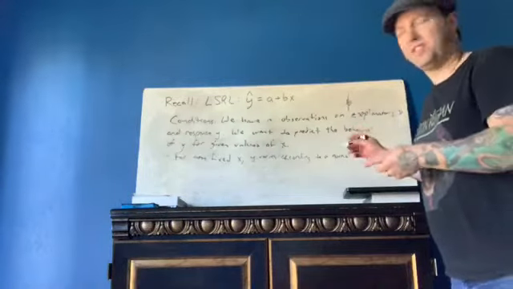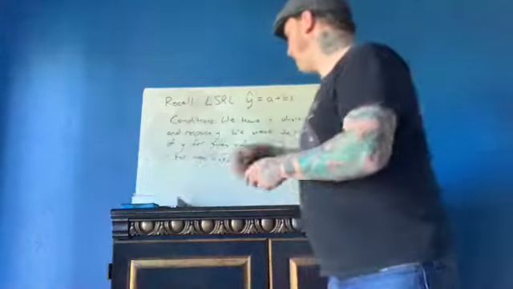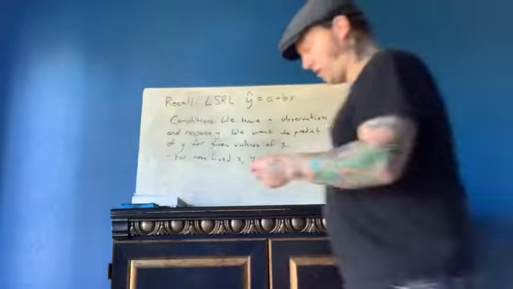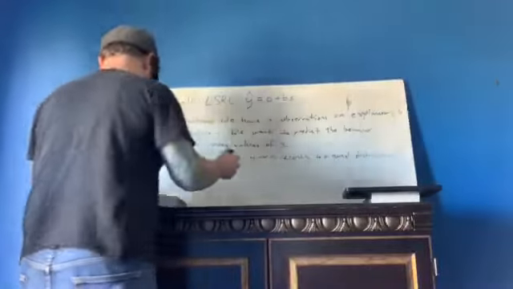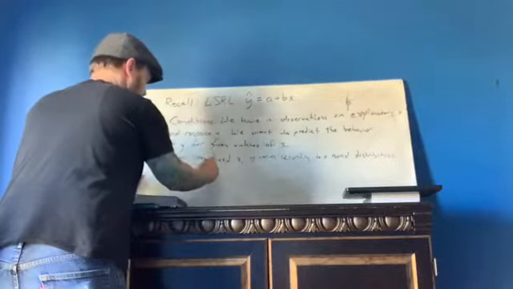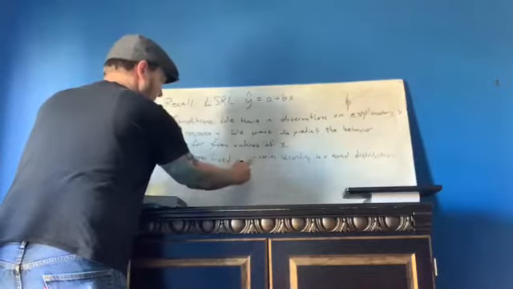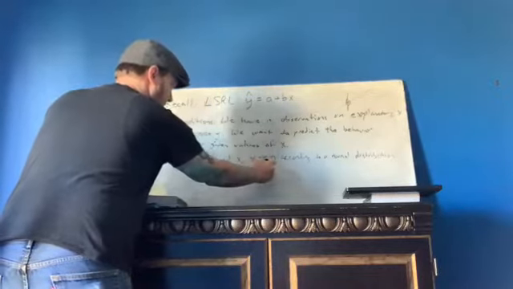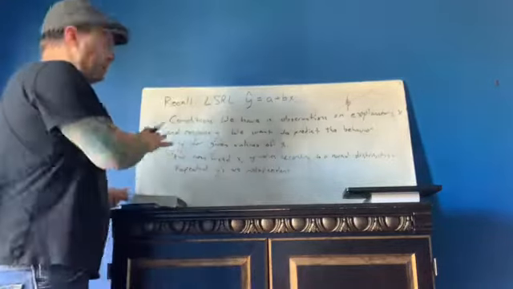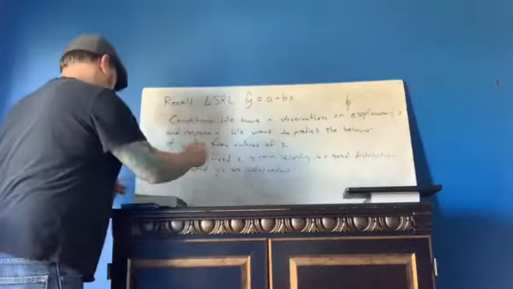Does that make sense? Okay, good. So for every x, any fixed x, y varies according to a normal distribution. And repeated y's will be independent. Okay?